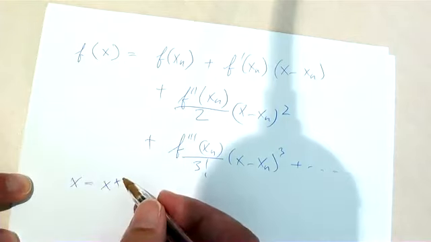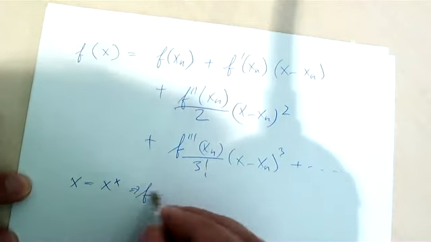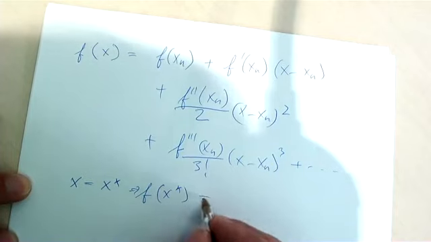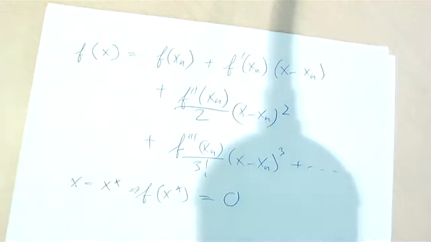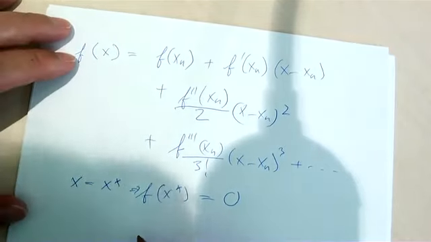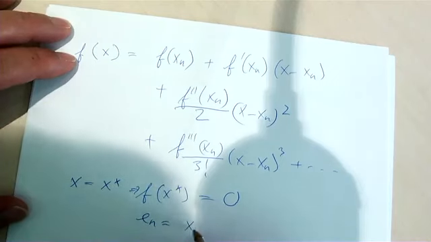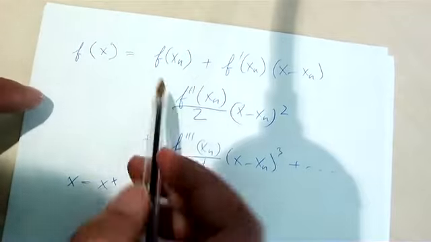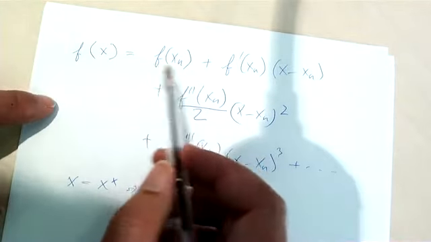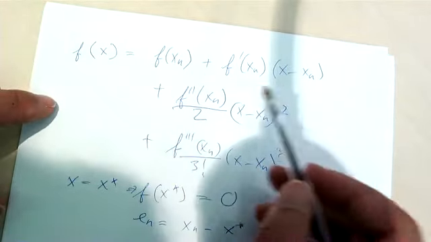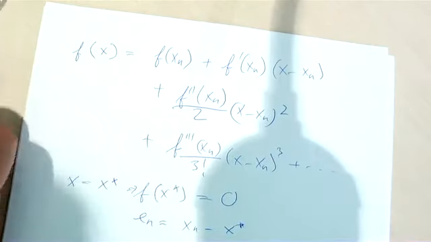The consequence is f of x star will be equal to 0, because we assume that x star is the zero of the function, right? And because we assume e_n to be x_n minus x star, this term will reduce to minus e_n.